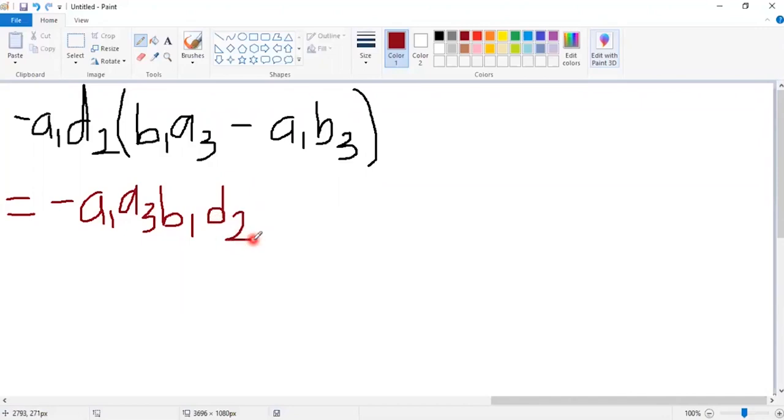Sorry for the space there, but now we've multiplied these two together. We move over to this.